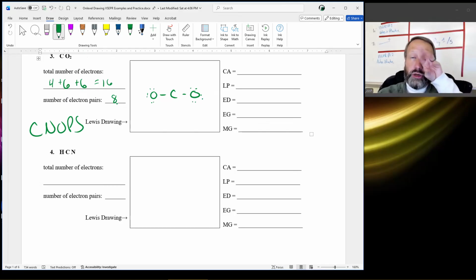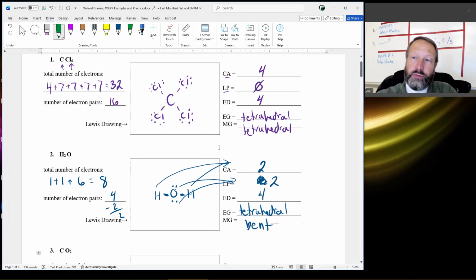When they're the center atom, not the outside ones, when they're the center atoms, they must achieve an octet. That means 4 pairs around them. Now check this out. Earlier, we already had carbon, and carbon had 2, 4, 6, 8.